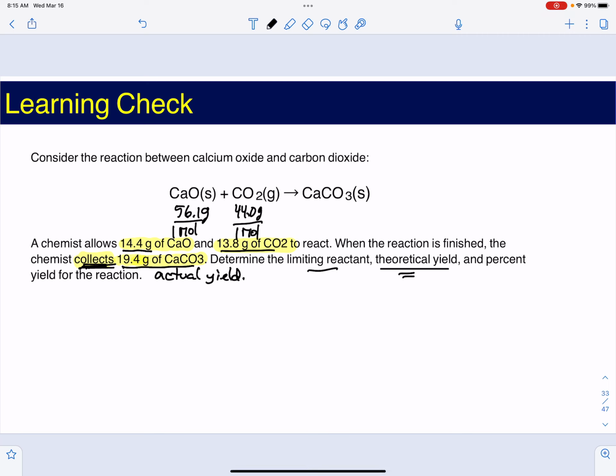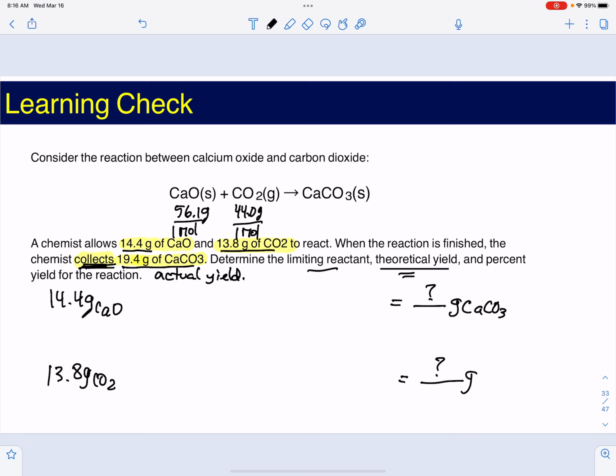If we have 14.4 grams of calcium oxide, how many grams of the product, calcium carbonate, can we make? If we have 13.8 grams of carbon dioxide, how many grams of calcium carbonate can we make? Whichever gives us the least amount, that's our theoretical yield. So let's set it up with the train track.